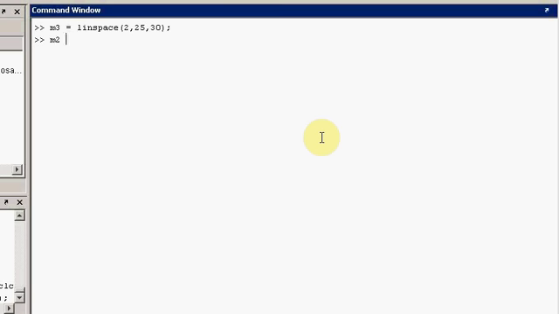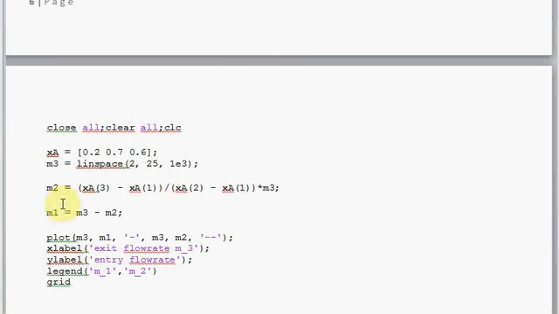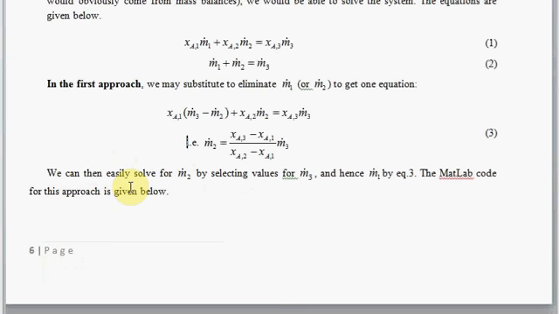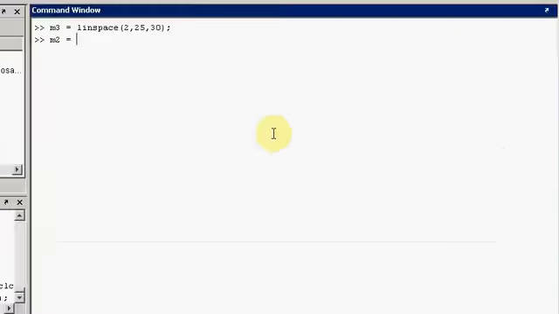So we know that M2 is equal to, and M2 requires all these XA values. Sorry, let's look here. M2 requires all these ones here. We already have values for these M3s, and we do know the mass fractions in each stream, so we are able to provide all these X values. So we are in fact able to calculate M2 if we just specify the values for X. So let's switch over to our program here, and let's specify those values.